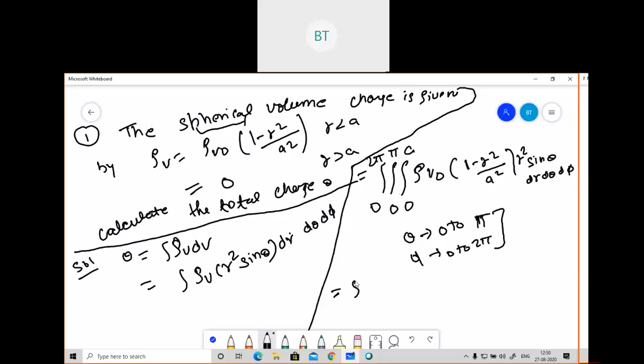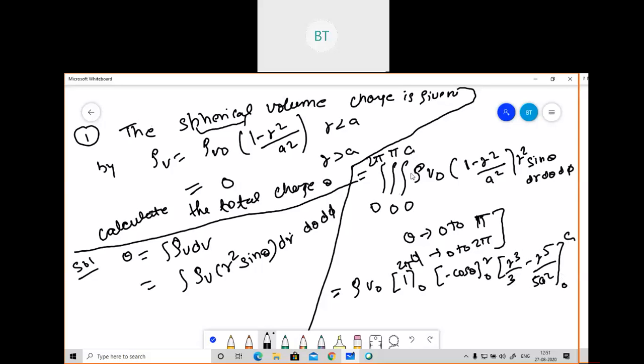I'll write rho v0 upon... if I do the integration, I write 1 into the integral of phi from 0 to 2 pi. Now theta gives minus cos theta from 0 to pi. The third term will be r cube upon 3 minus r to the power 5 upon 5a square, and that limit will be from 0 to a.